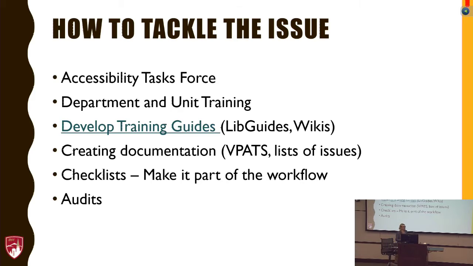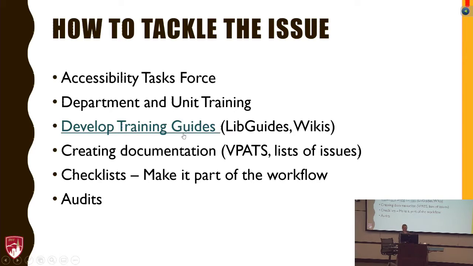So what we've decided is, as the university libraries, to start doing department and unit training on how to make things accessible. What can you do to make things accessible? We've developed, and we're starting to develop, training guides. These can be in the form of a LibGuide or wikis.